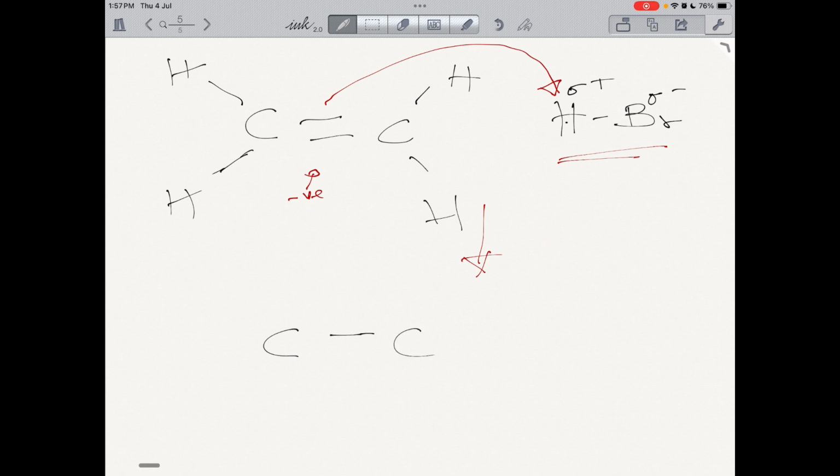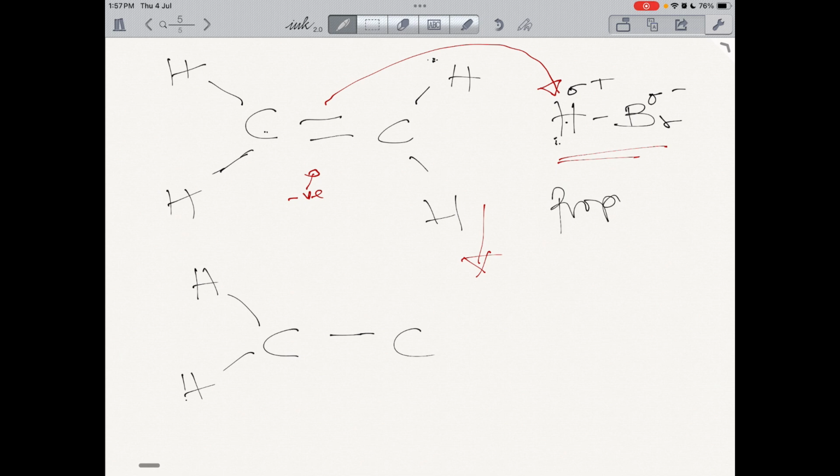Now the bond decides to stay on the first carbon and attacks this. Actually, this arrow is a proposal. The carbon here is saying, hydrogen, I want to form a bond with you.